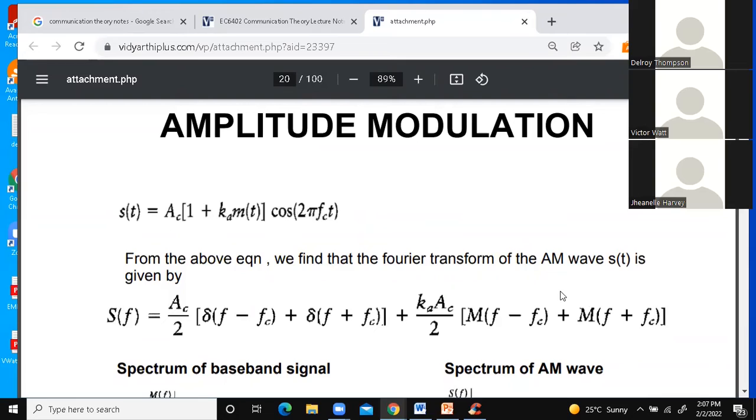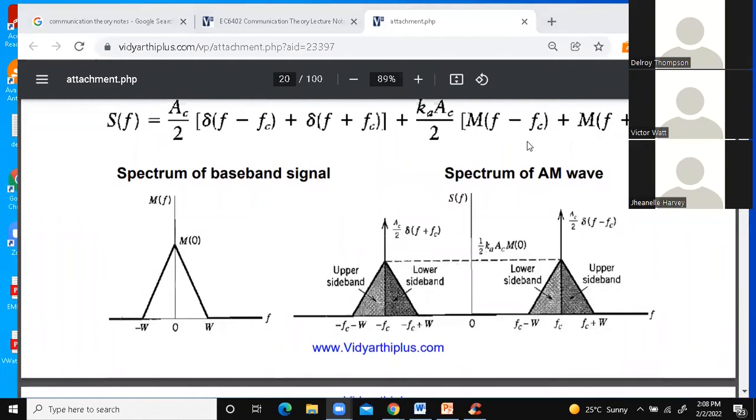So when you get this, I hope you remember your Fourier transform. So make sense out of that for me.